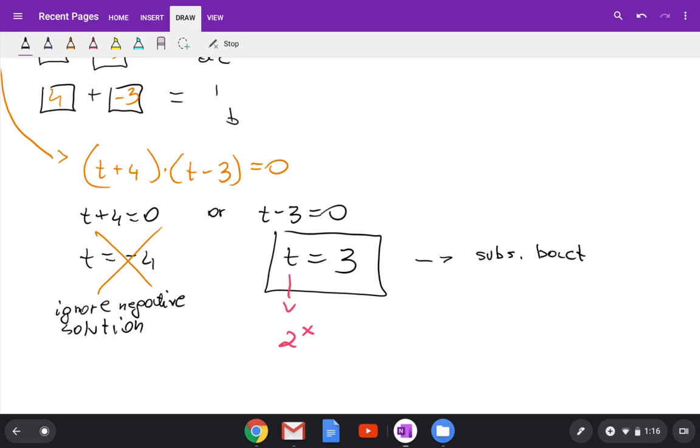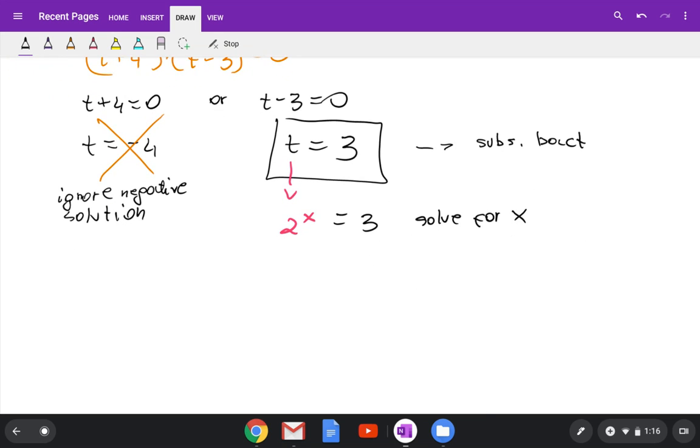So 2 to the power of x is equal to 3, and we need to solve for x. So this is an exponential equation. The way we solve an exponential equation, we change it into a logarithmic equation. So we're going to attach log of base 2 because the base of the exponent is 2. So log of base 2 to both sides.